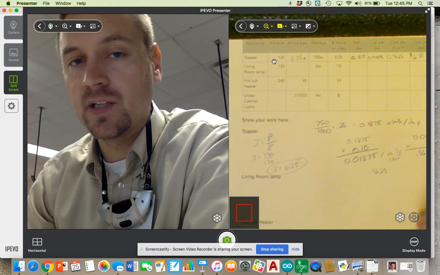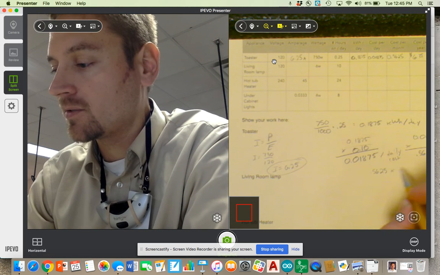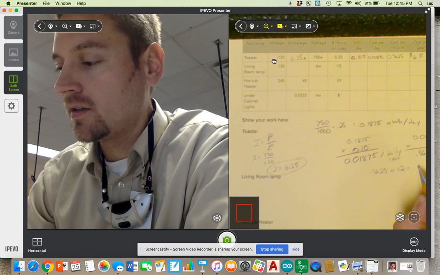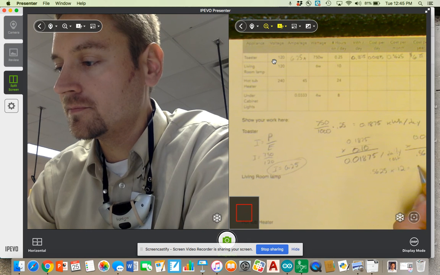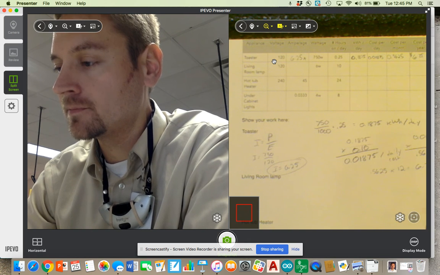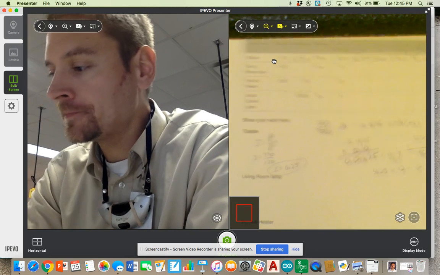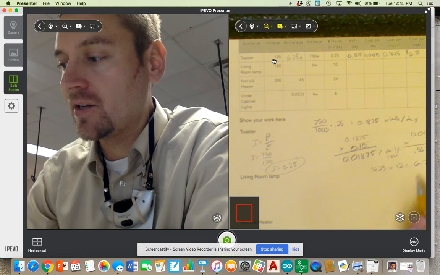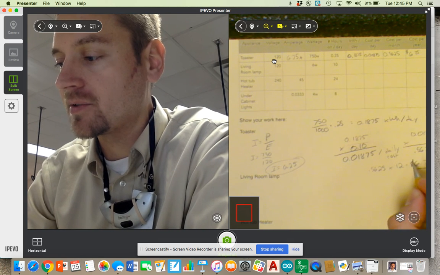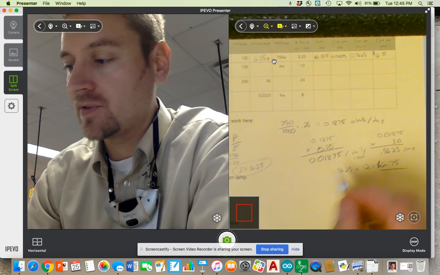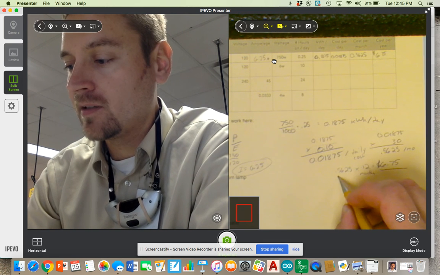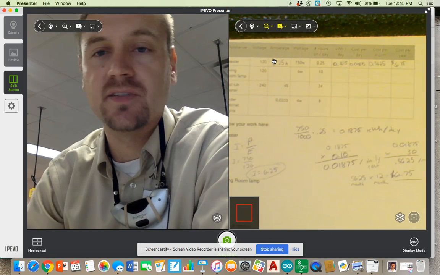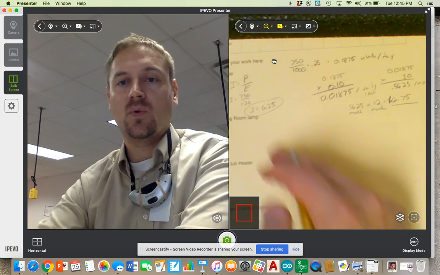Then times 12, and I get 6.75. Since I've already done the 10 cents per daily right here, I know this is my ending number, $6.75, for 12 months. So it's 56 cents a month, and 12 months is $6.75.